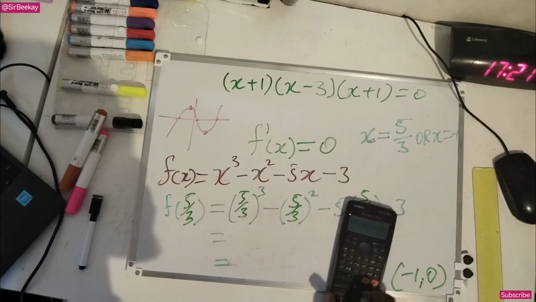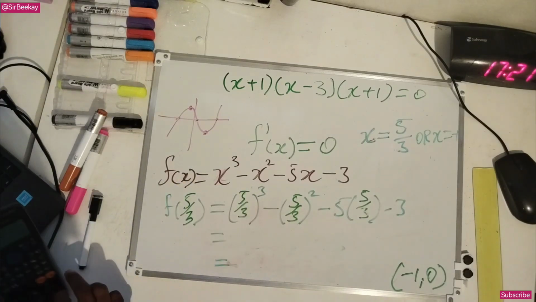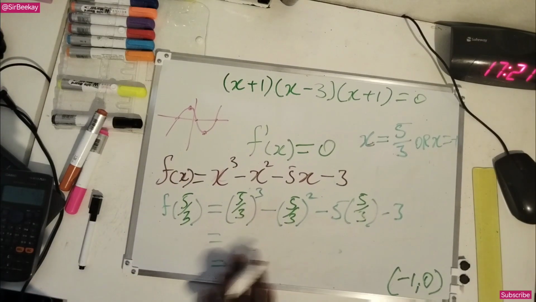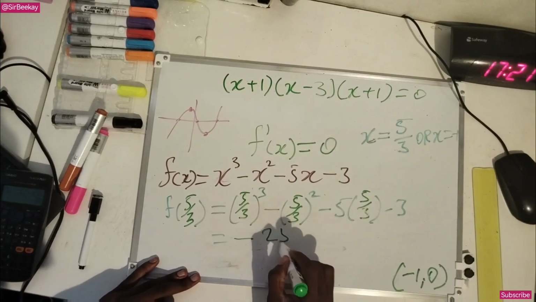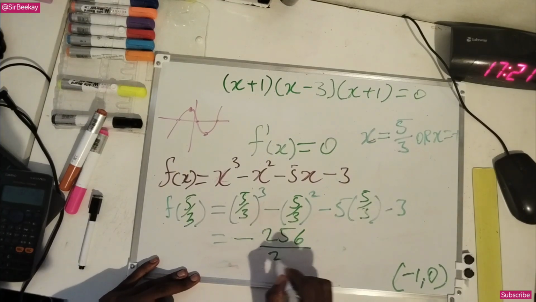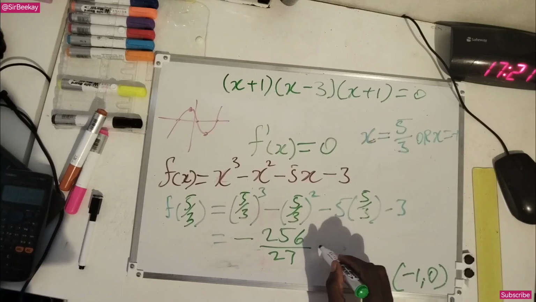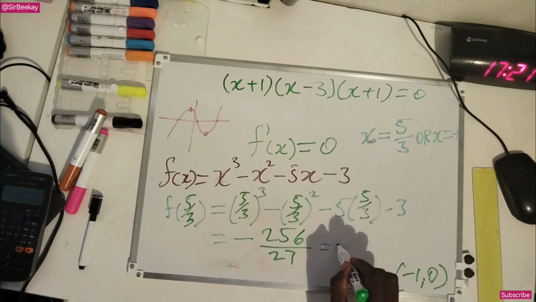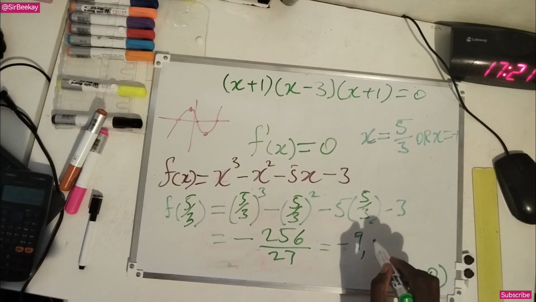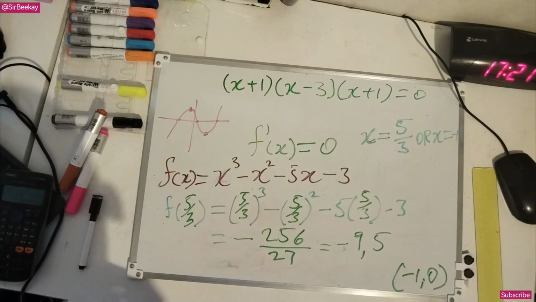The answer I'm getting is minus 256 all over 27, which is equivalent to almost minus 9.5 when I round it off to one decimal place.